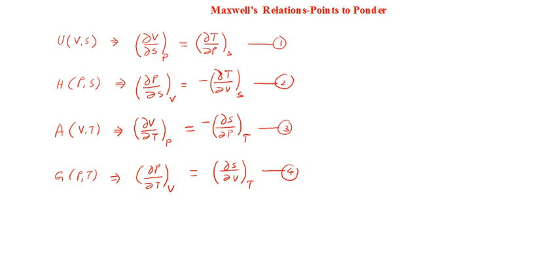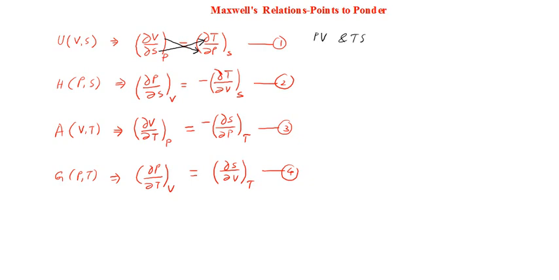You will see there is some notable feature. What is the common feature? Cross variable means here V, here P. Here, in the bracket, I am telling S, here T. Can you see what the cross variables are? It's PV and TS. Did you note it?